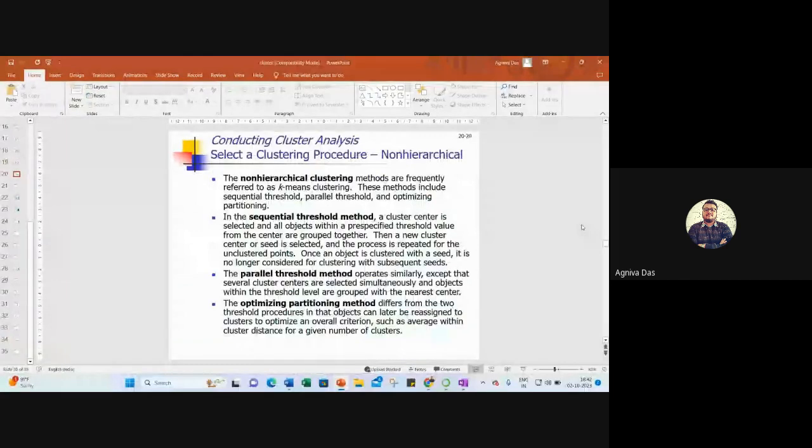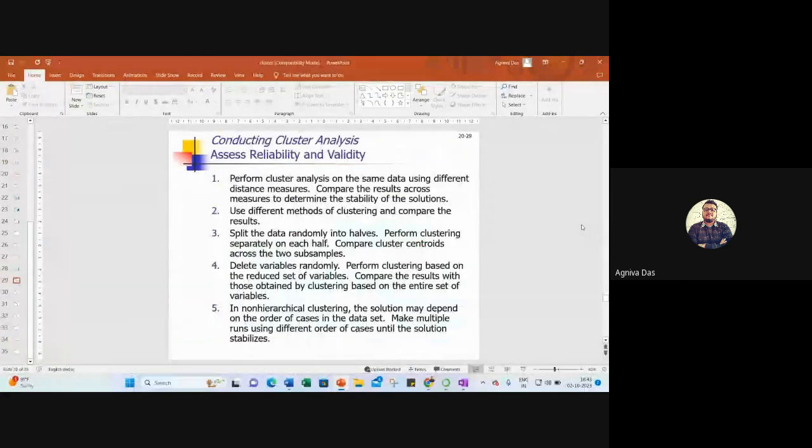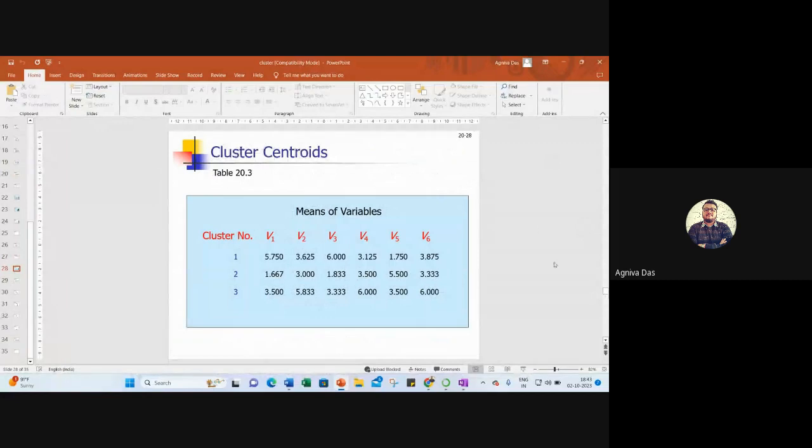Right. So what was it? Because of this, as you can see, cluster number three has higher values in V4, V5, V6.